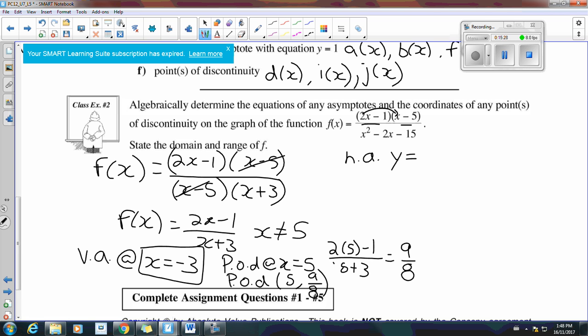If you want to multiply the whole thing out, you can, and you would get 2x squared minus 11x plus 5. Divide the leading coefficients, 2 divided by 1. So we have a horizontal asymptote at 2.